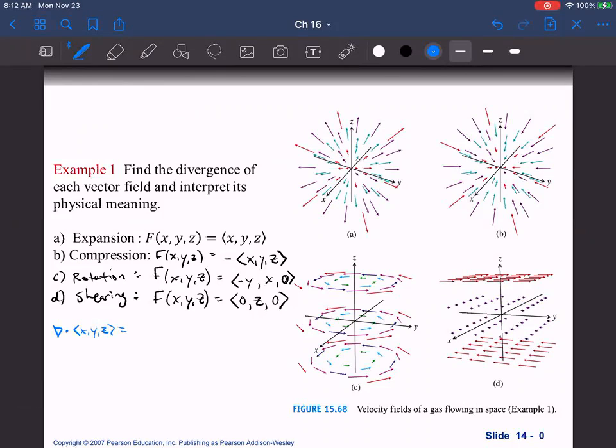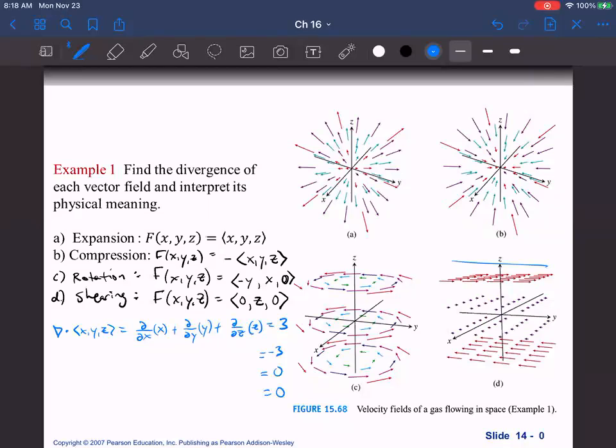So this will be the partial derivative of x with respect to x, plus partial y of y, plus partial z of z. Each one of those will give us a 1, and then it'll be 1 plus 1 plus 1, and it'll just be 3. And so that would be the divergence in part A. So I'm going to go ahead and pause this for a minute and let you try those next 3 real quick.